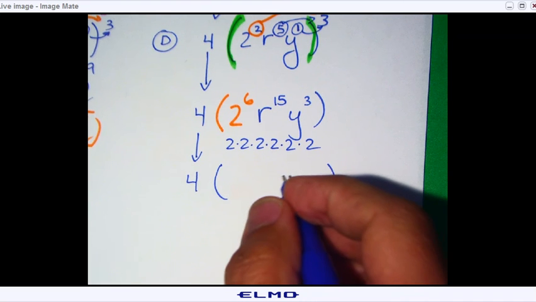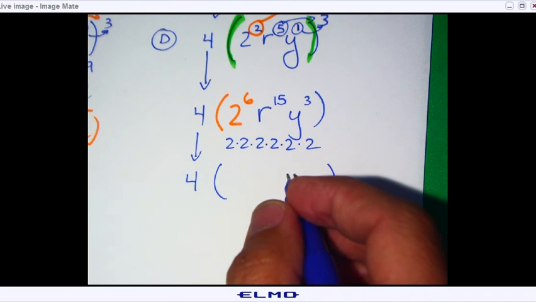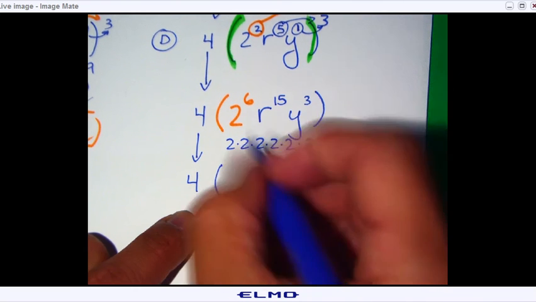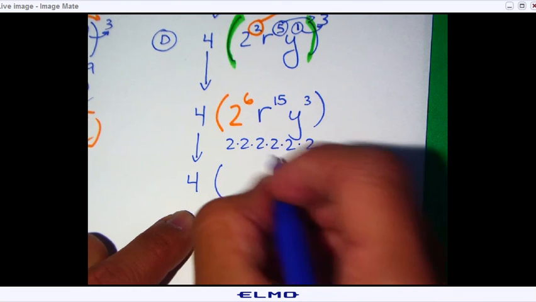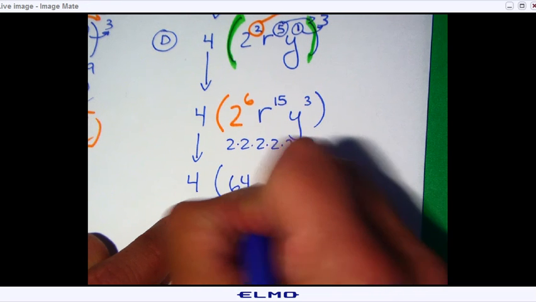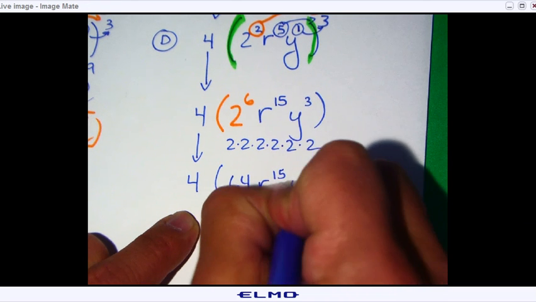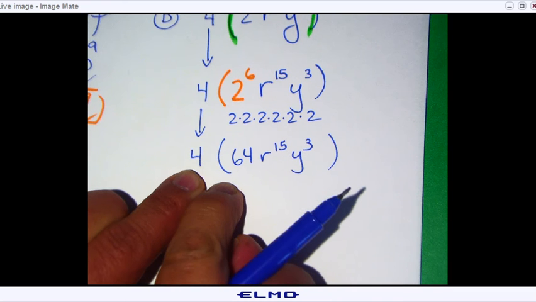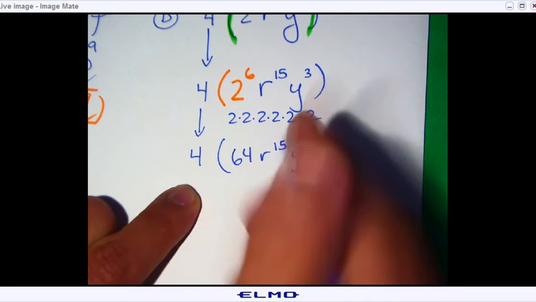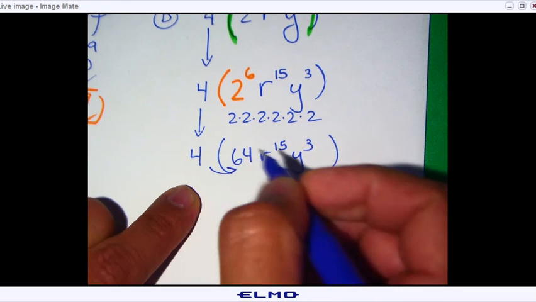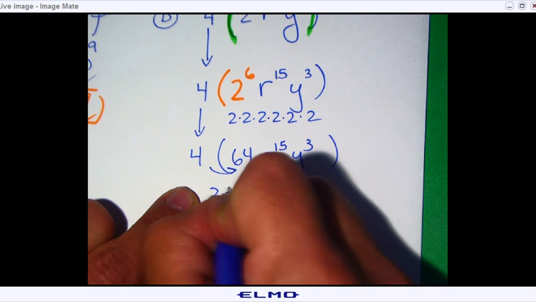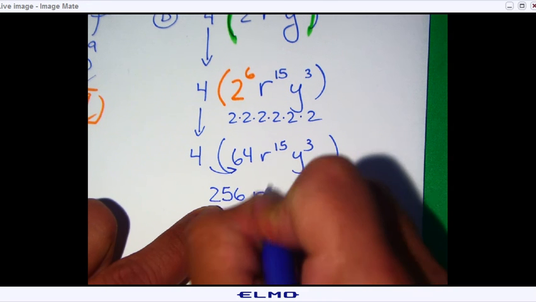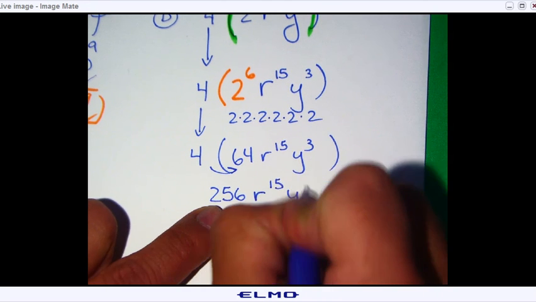So what's 2 times 2 times 2 times 2? That's actually 64. R to the 15, Y to the 3rd. And now you could go ahead and multiply the 4. Now, 4 times 64 is 256. R to the 15, Y to the 3rd.